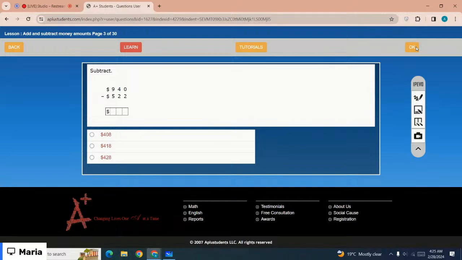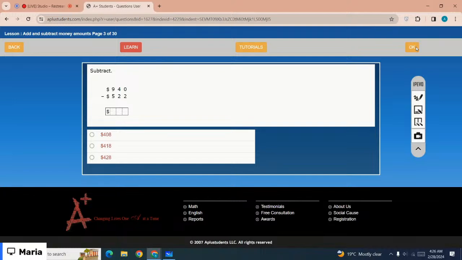The next one is 940 take away 522, which is the correct option?